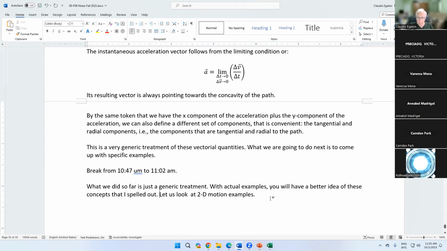One of them is projectile motion. That's the one that it's a must to treat. We always treat projectile motion. And what is projectile motion?